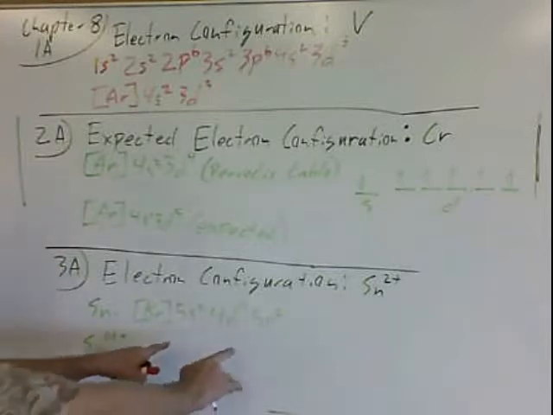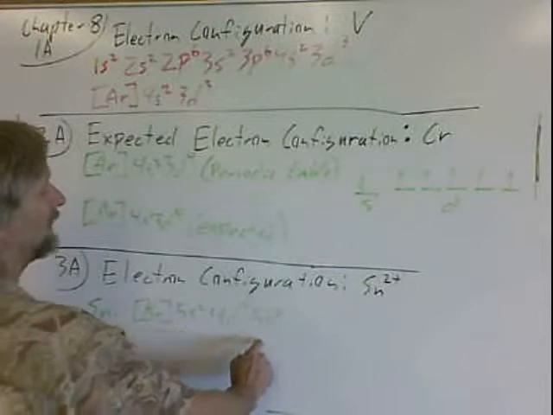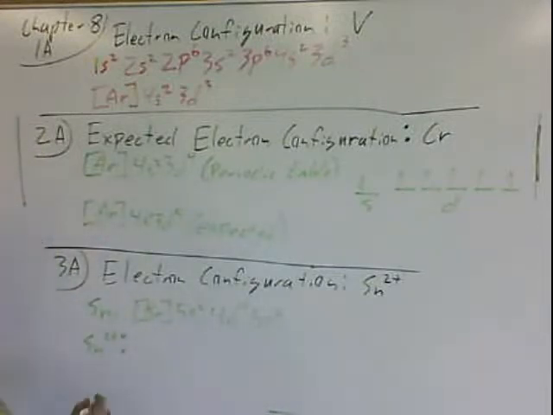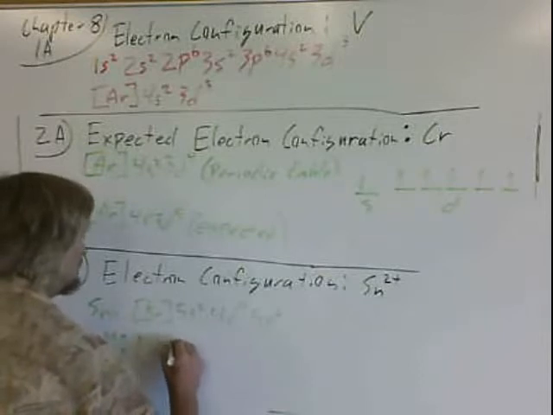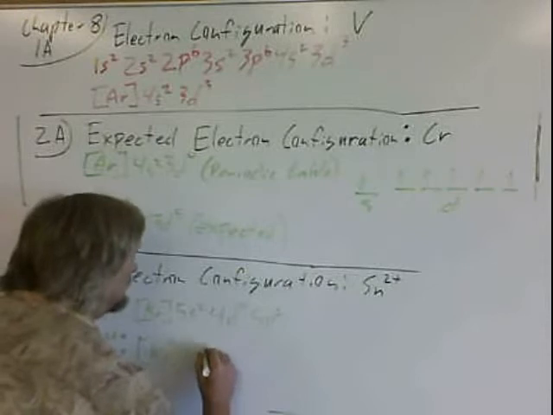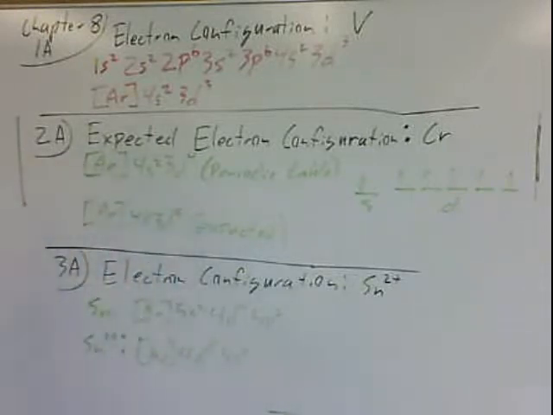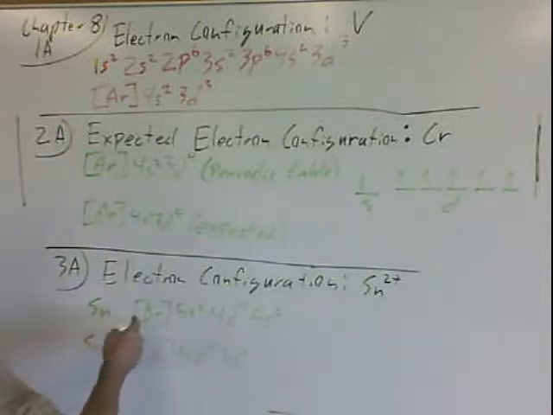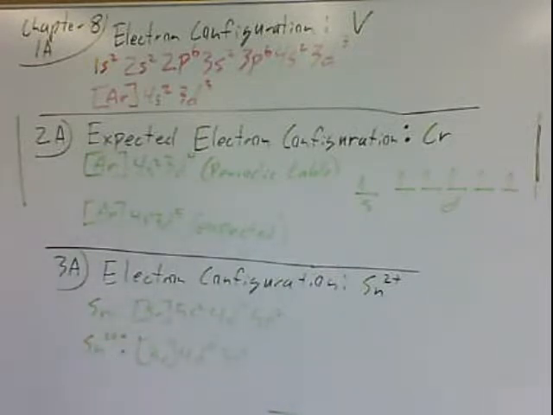And of course we have 2 5p electrons, so we're going to lose the higher energy of the 5, which is 5p. So we'll end up with krypton 4d10, 5s2. And we could have put the 4 first up here. I was just reading directly off the periodic table. But we lost the 5p electrons for the Sn2+.